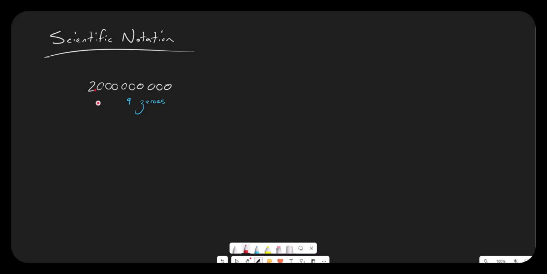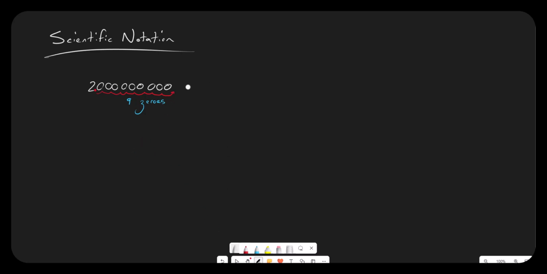When I do that, I've changed the number. This is now a very different number, so I'm going to have to move the decimal back to get it into the right spot. I'm going to write how far I have to move it to do that. I have to move it 1, 2, 3, 4, 5, 6, 7, 8, 9 spaces.